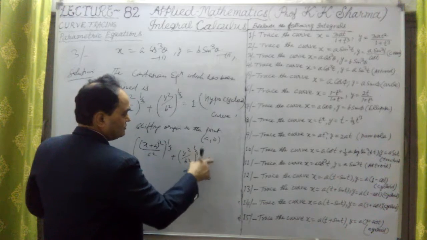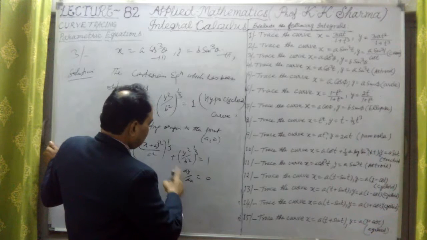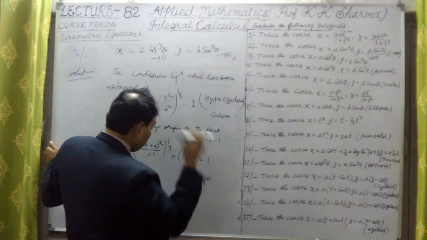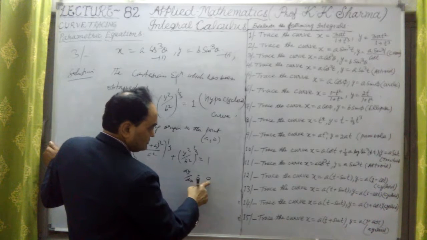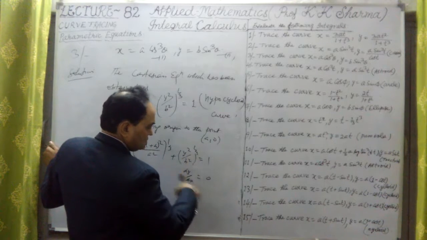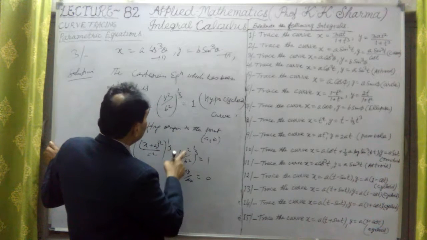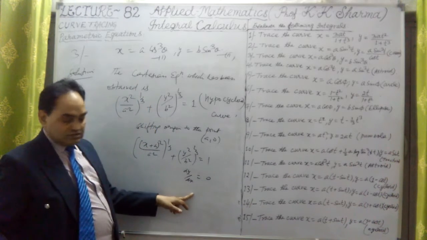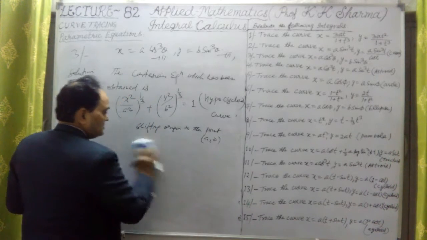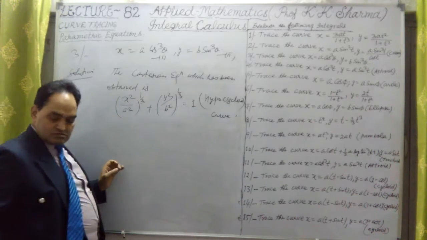If I substitute the point a, 0 and find dy by dx from the given equation, we will get 0 here. So that means the tangent at the point a, 0, putting a, 0 in the given equation, the dy by dx value, if I differentiate this equation, we will get 0. It means at the point a, 0, the tangent slope will be 0. That means the tangent is making angle 0 degree with the axis.